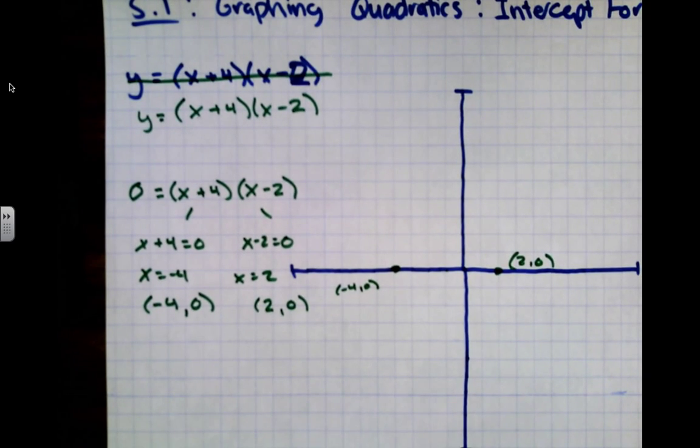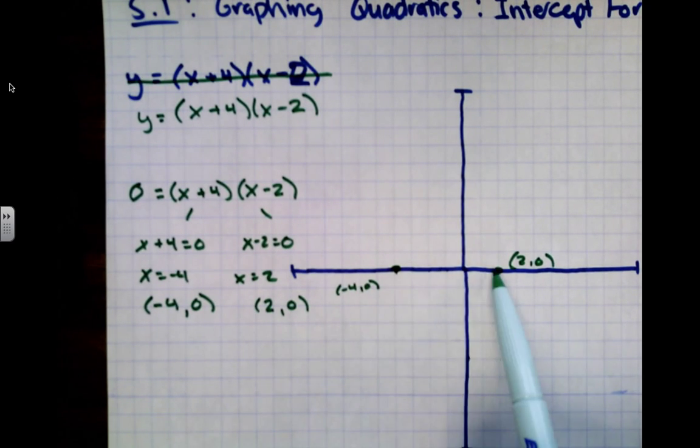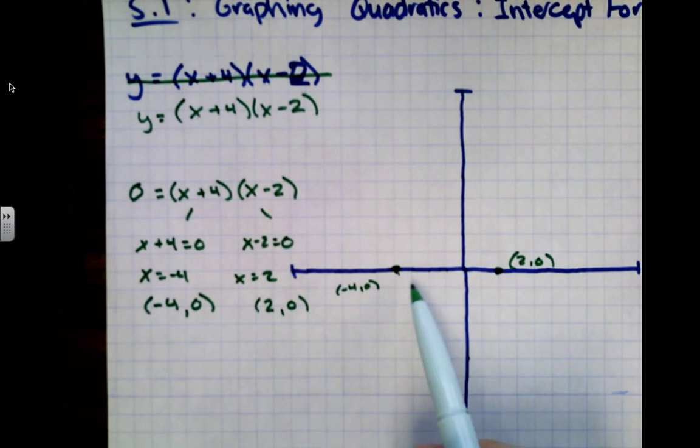Now, from here, just like before, we have 2 points, but we still have to identify where the vertex is going to be, and that's always the key point here. And just like we had seen in standard form, when we have 2 points that have the same y value, the vertex should be directly in the middle of those 2 points.